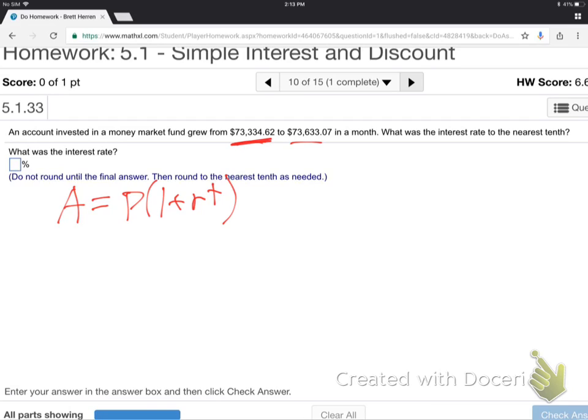It went from a lower amount and grew to a larger amount in a month. So the amount it started with, is that the A or the P? P. The principal is what you start with. So that's the P. And the other one's the amount, isn't it? What it grows to, what it becomes later, is the amount, the future value.